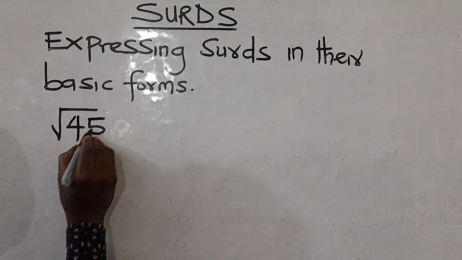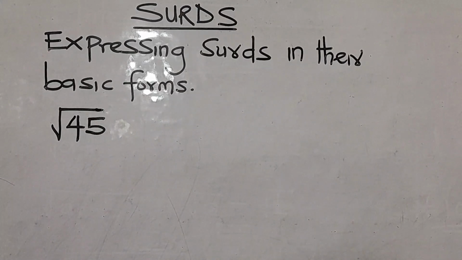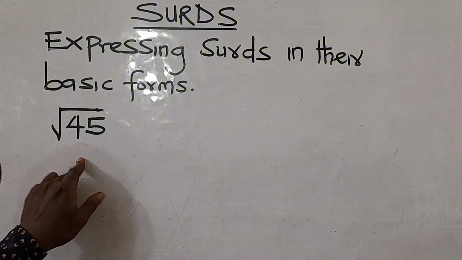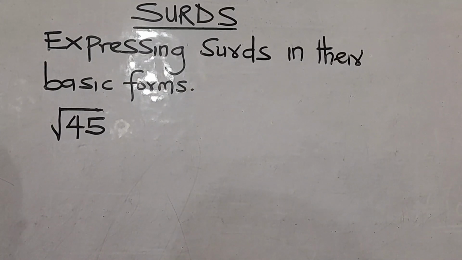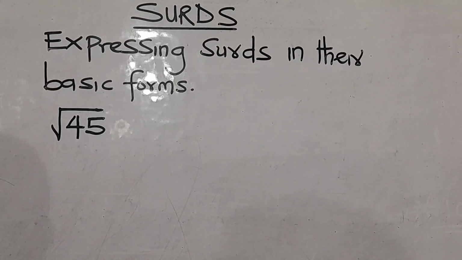To express this surd in its basic form, remember we said all roots of numbers are irrational numbers except the roots of perfect squares. So we look for the highest square that can divide 45, and the highest square that can divide 45 is 9.